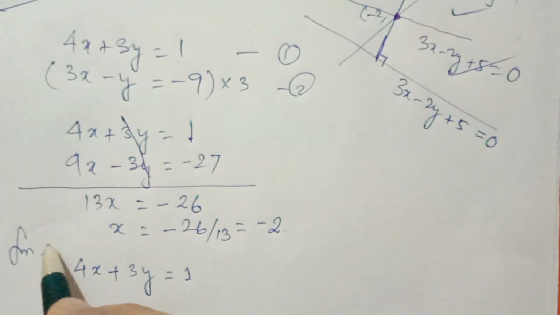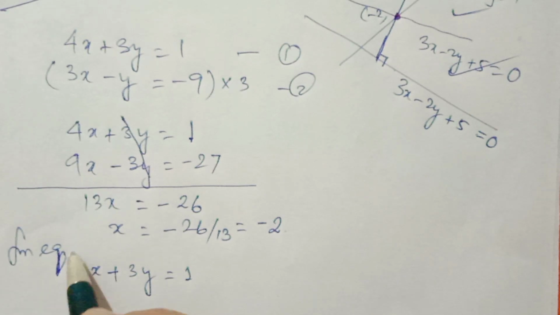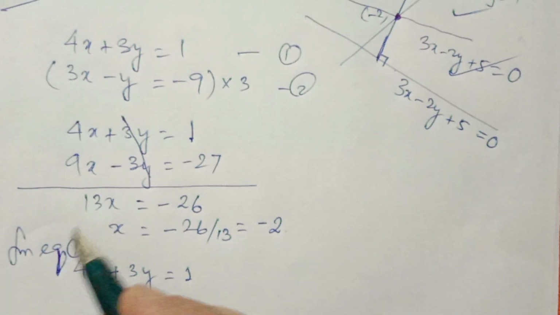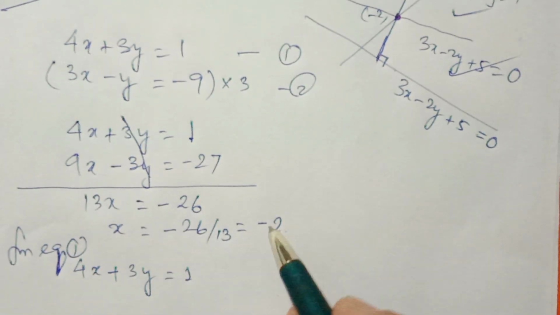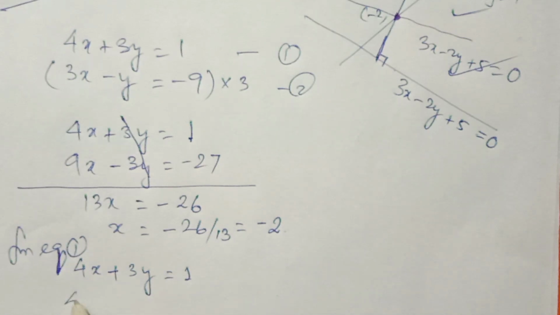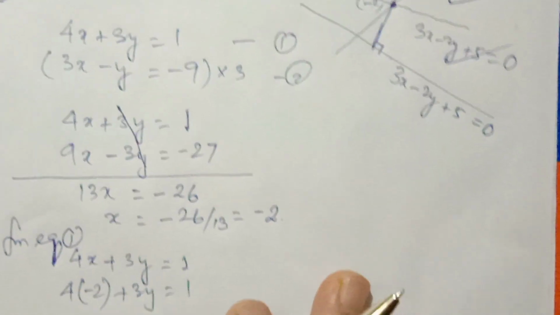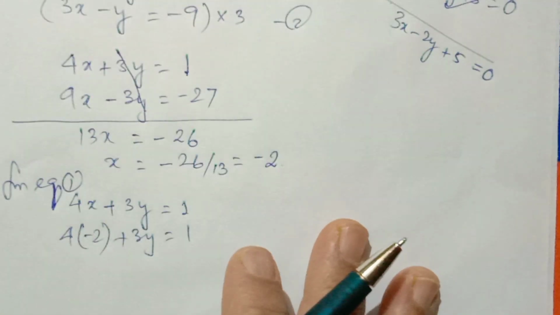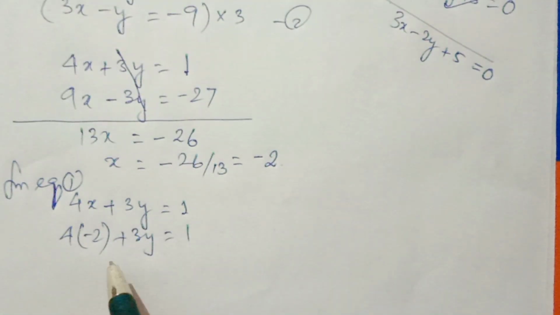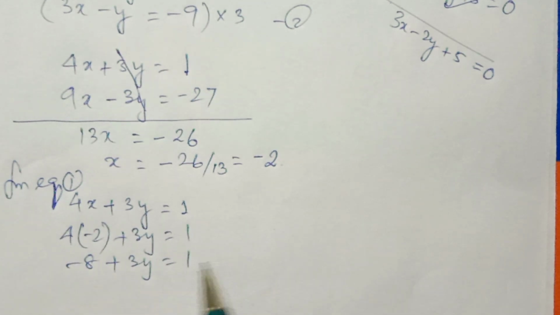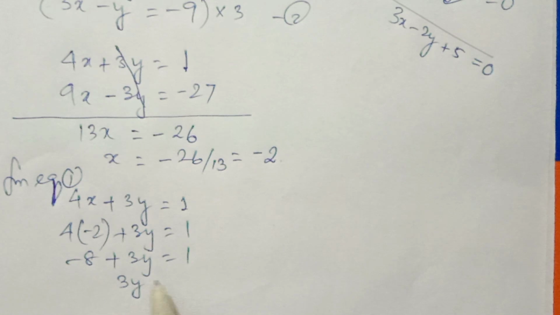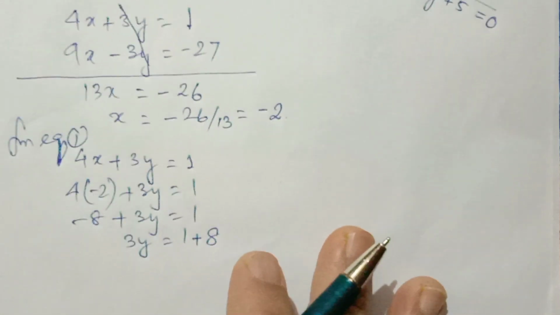From equation 1, we substitute the value of x here. So 4 into minus 2 plus 3y equals 1. Then minus 8 plus 3y equals 1. So 3y equals 1 plus 8, this minus 8 will go that side.